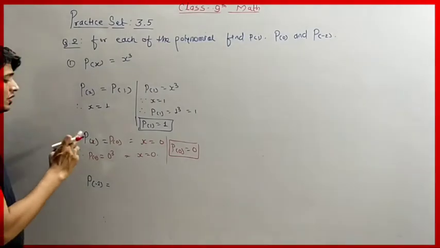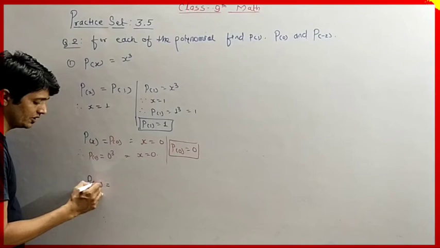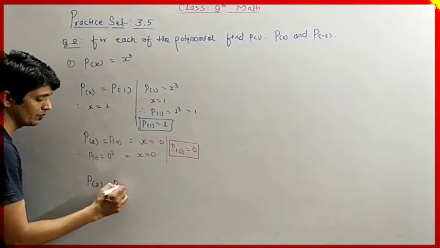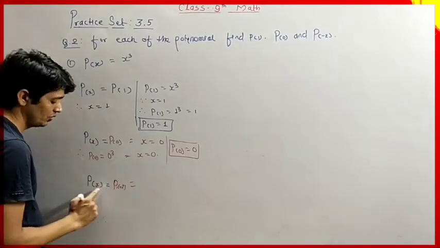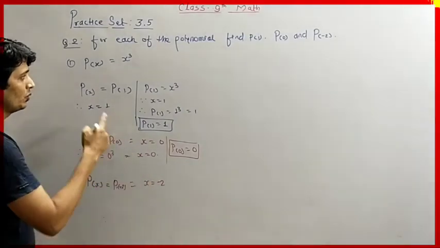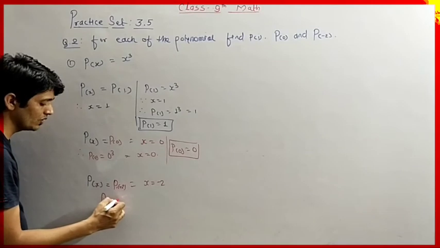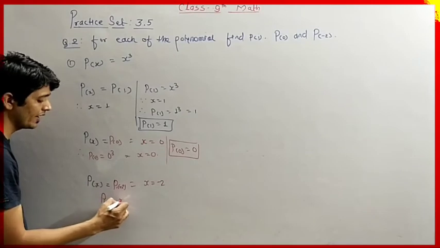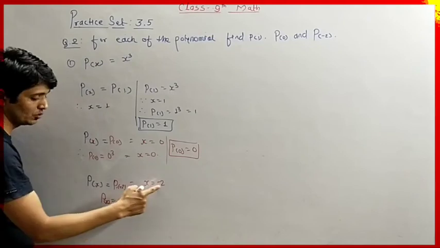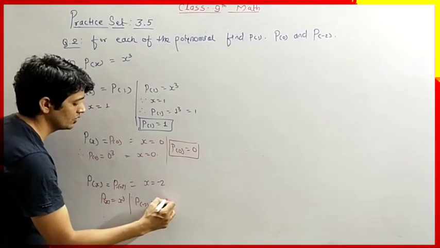Now third we have P minus 2. We have to compare Px to P minus 2, so x equals minus 2. We place minus 2 here. The polynomial is Px equals x cube. Since x equals minus 2, P minus 2 equals minus 2 cube.